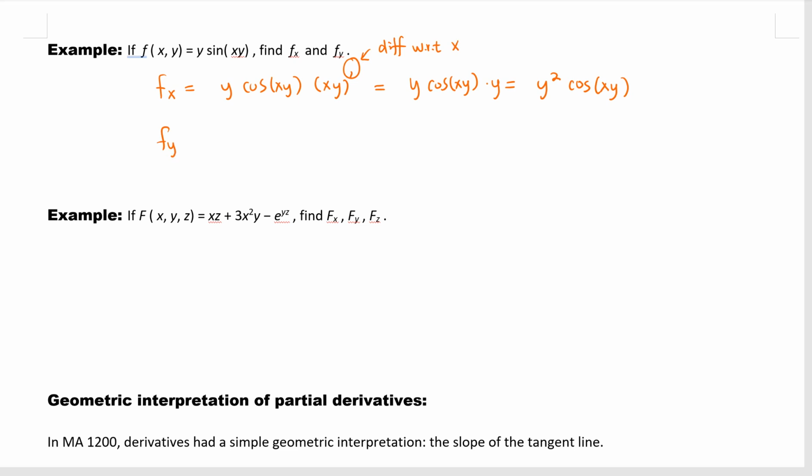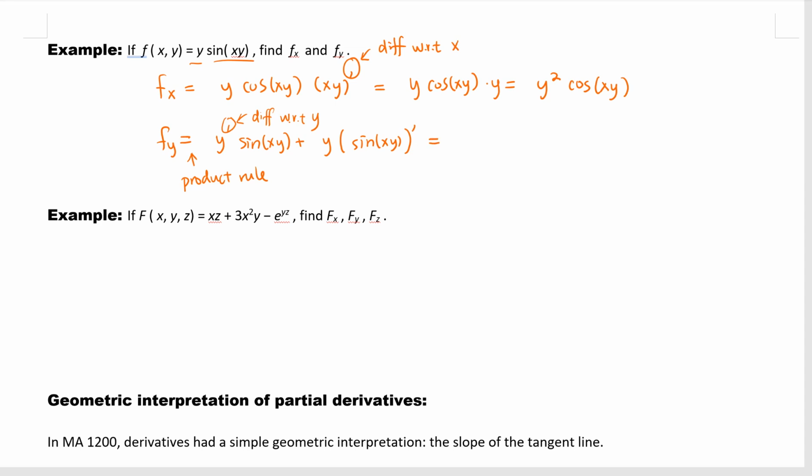How about fy? So fy, we consider y is the variable, x is the constant. Well, then we need product rule here because it's y times sine. So here we need product rule. So let's do it slowly. First guy prime times second guy plus first guy times second guy prime. So here the prime means differentiate with respect to y. So be careful, okay?